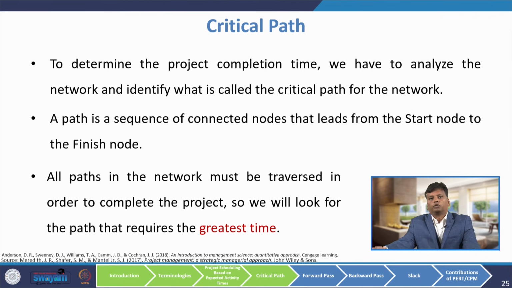First we will see how to find the critical path. To determine the project completion time, we have to analyze the network and identify what is called the critical path of the network. A path is a sequence of connected nodes that leads from the start node to the finishing node. All paths in the network must be traversed in order to complete the project. So, we will look for the path which requires the greatest time.